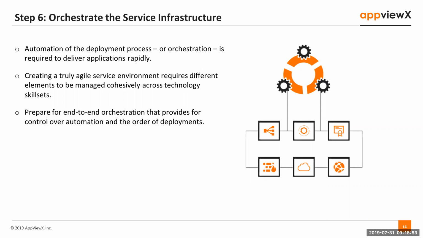Creating a truly agile service environment requires different elements to be managed cohesively across technology skill sets. Very important concept, that cohesively across technology skill sets. Again, back to the complexity of technology skill sets interacting in a manual way, a lot of things just tend to get lost in translation. System admin doesn't talk NetOps. NetOps doesn't talk DevOps.